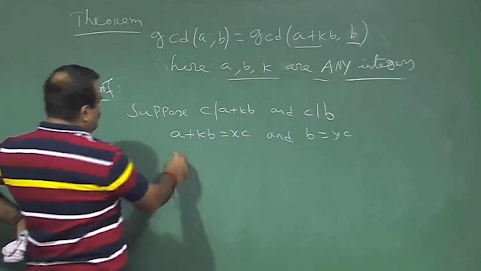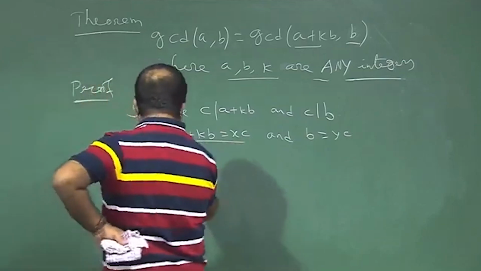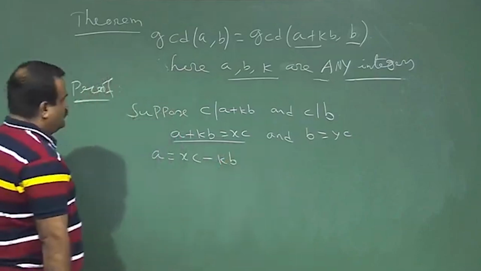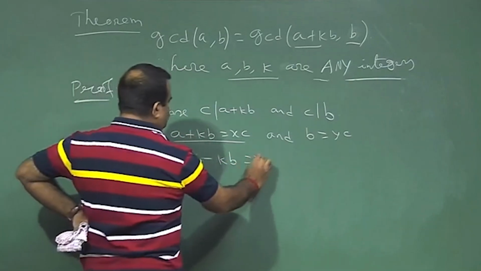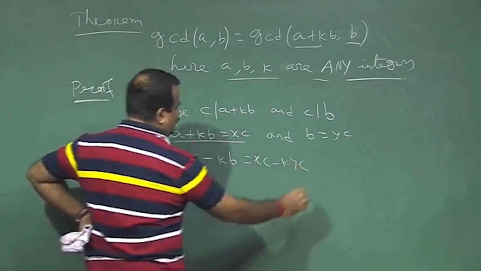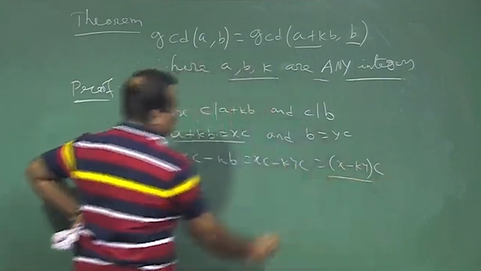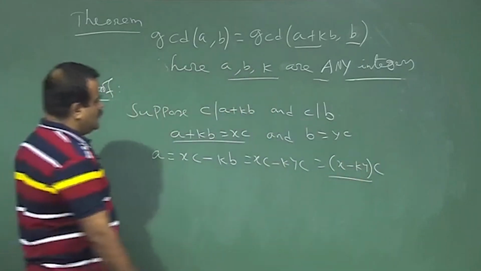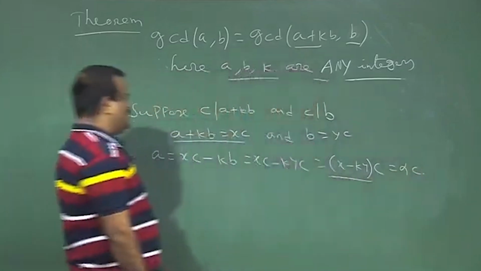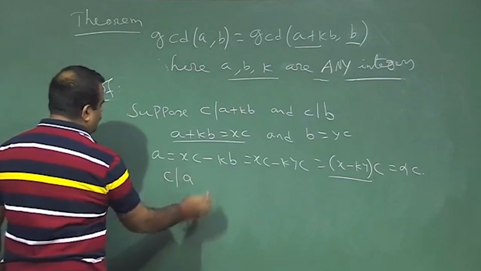Now from here A is basically xC minus KB. Now B is yC, so xC minus KyC. If you take C common, it is (x minus Ky) C. This is some integer alpha times C. So this means C divides A, done.